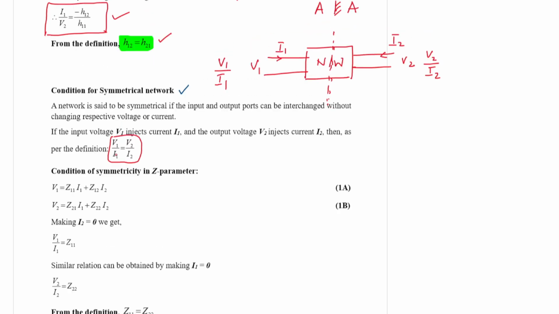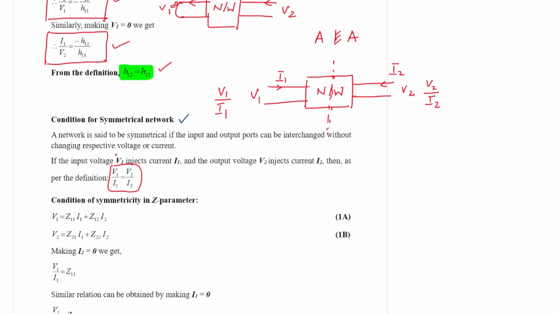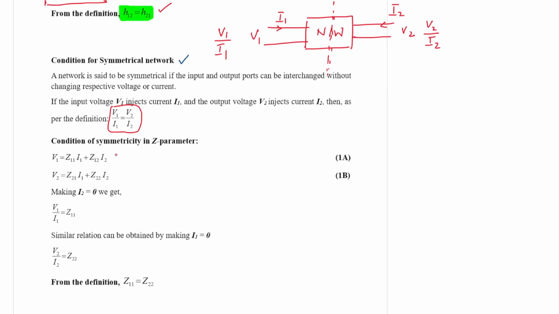So now let us quickly see in how many ways we can prove a network to be symmetrical or not. Similarly, we can prove it in 4 different ways in terms of each parameter. Now unlike the previous case, this time we have to open circuit the respective terminals.